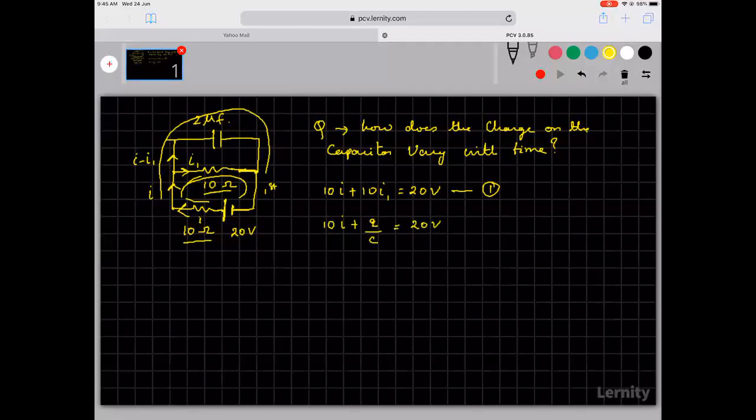Now basically understand that this I is not dQ by dt. dQ by dt is actually I minus I1, so I am interested in the value of I minus I1. When I work on the first one, I get I plus I1 is equal to 20 volts.